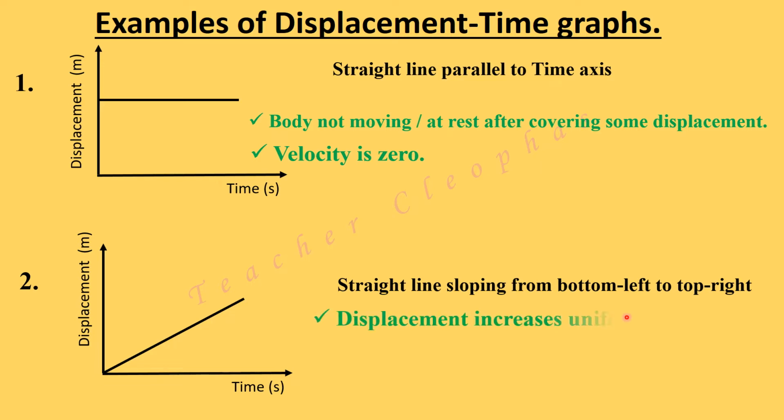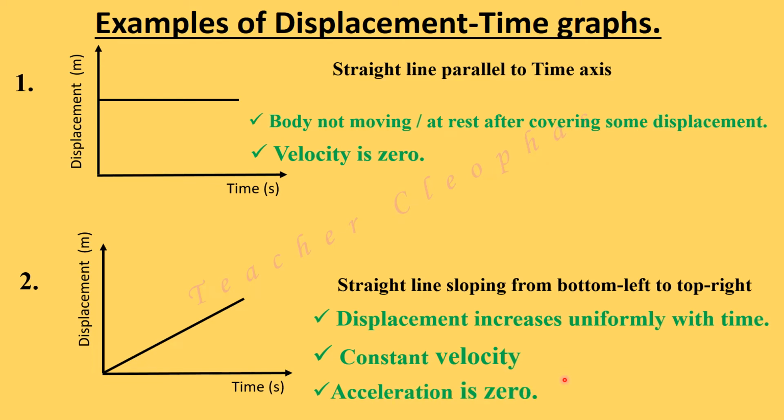So one thing that we can say is that displacement increases uniformly with time. So this is a constant velocity. And when we talk about constant velocity, we can also say that acceleration is 0 because there is no change in velocity.